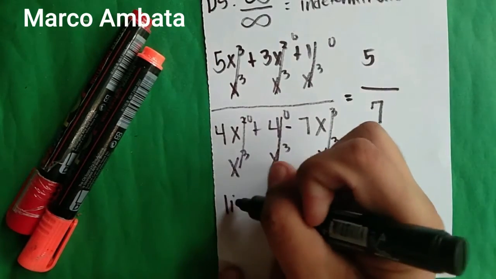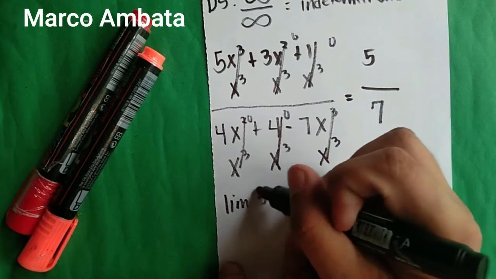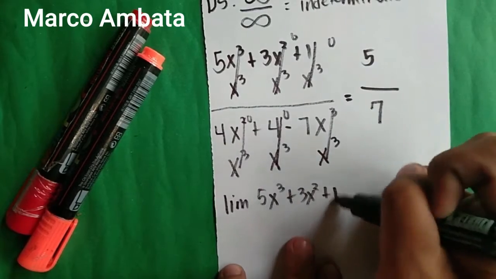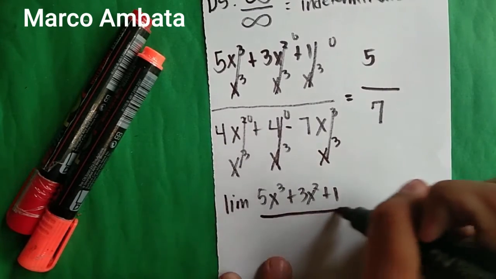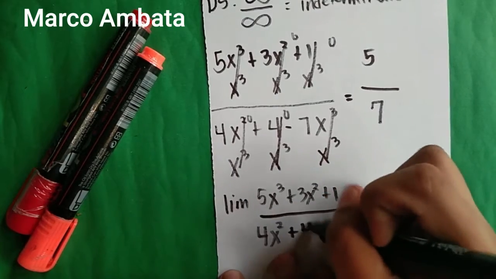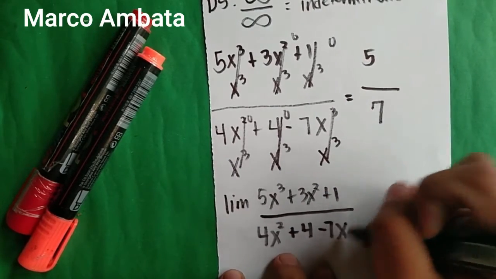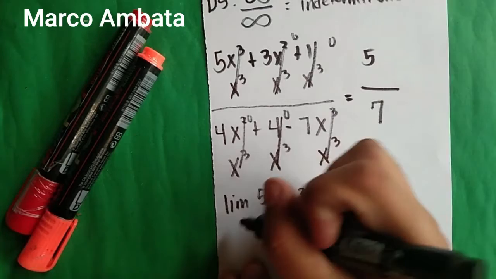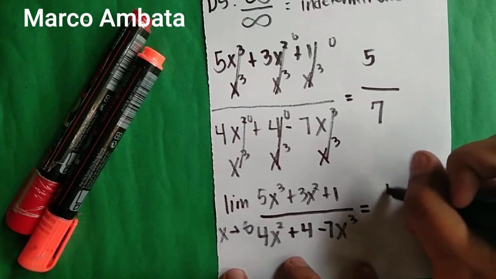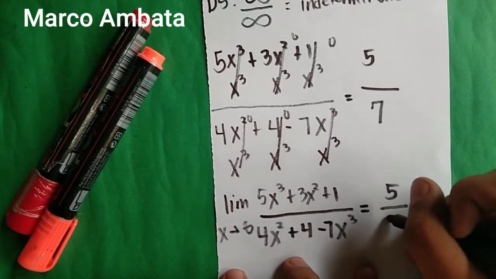So, the limit of 5x cubed plus 3x squared plus 1 over 4x squared plus 4 minus 7x cubed as x approaches infinity is equal to 5 over 7.